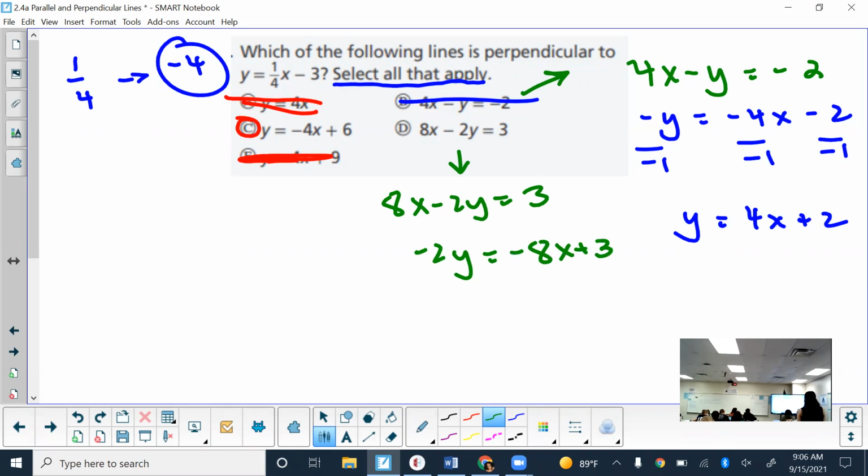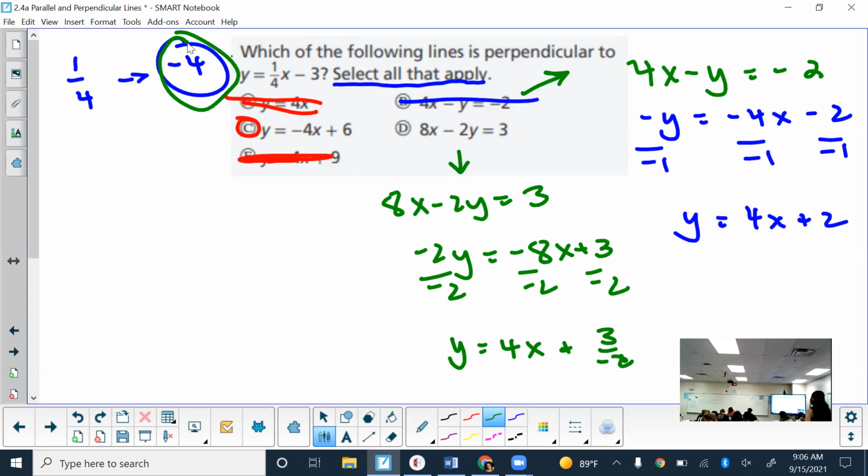Then divide everything by -2. And we get y equals 4x plus a decimal. Right? But does this one have the right slope? Because it's again a +4, not a -4 like it would be if it was perpendicular. So D is eliminated, but you still have to check first.